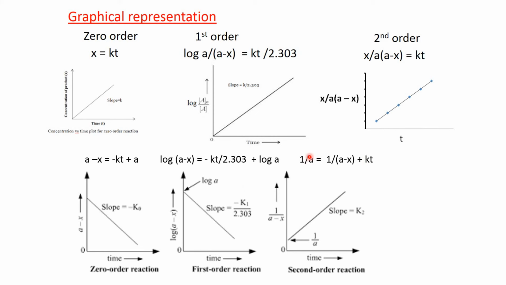Similarly, here is another form of the second order equation: 1 by A minus X is equal to 1 by A plus KT. Then also it will be Y is equal to Mx plus C, where M means K, so a straight line with an intercept on the y-axis.